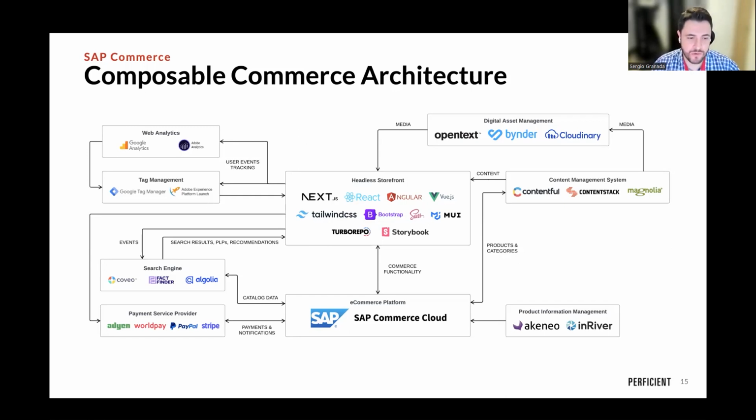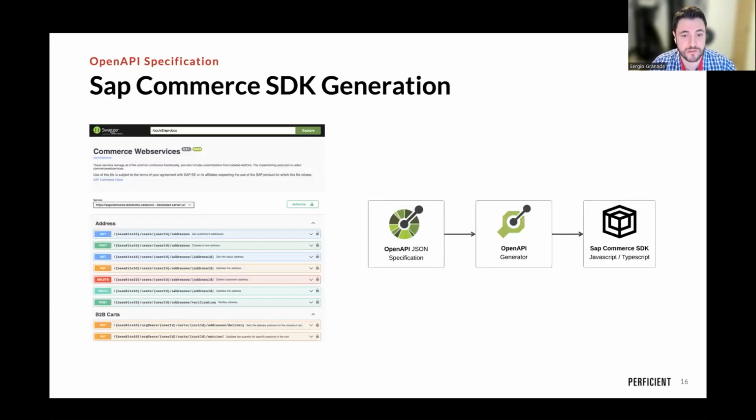You can either choose Coveo, Algolia, FactFinder, or other providers. In a nutshell, you choose exactly what you need. You choose pieces, and at the end, you assemble your commerce solution with whatever you need, based on what is hot in the market and on your preference.